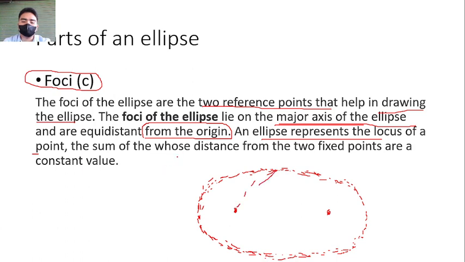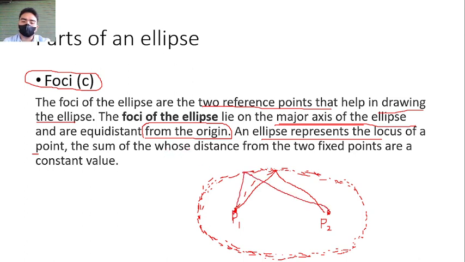So whatever the distance from these two reference points, for example, this is your point 1, and this is your point 2. When you add them both, the sum of point 1 and point 2 is always equal wherever your locus will be located.